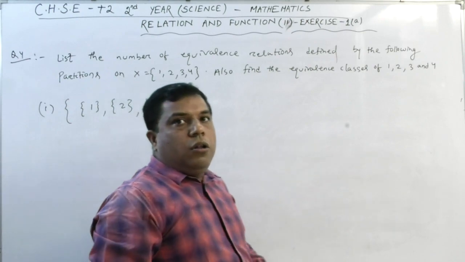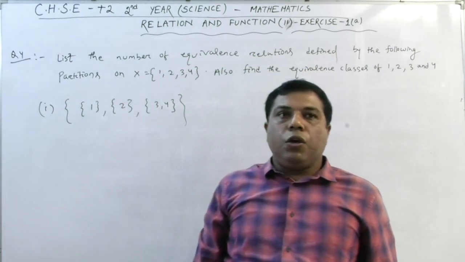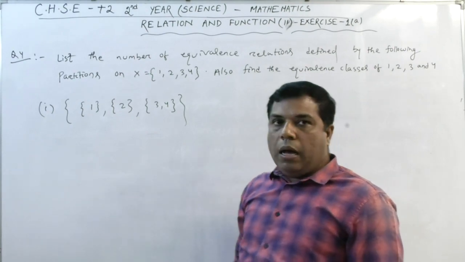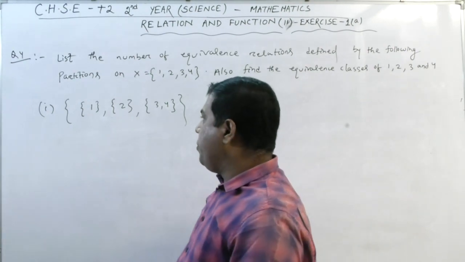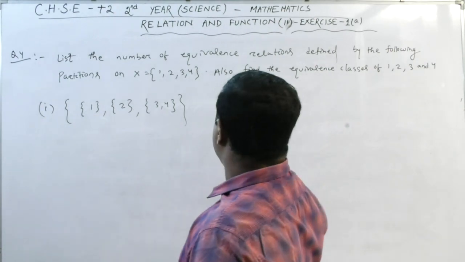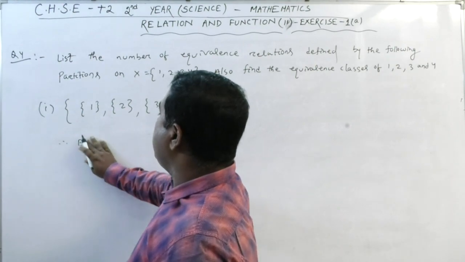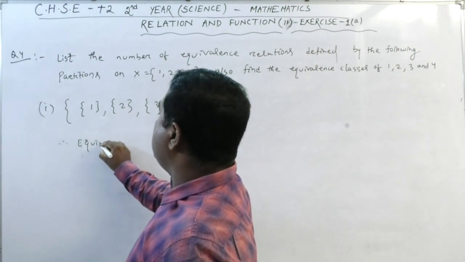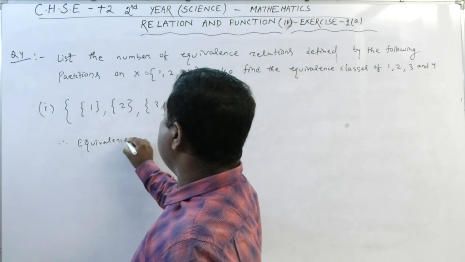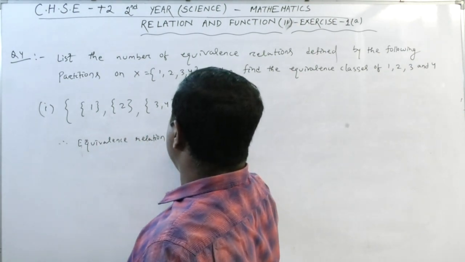So basing on those partitions, you know the partitions give rise to an equivalence relation. How? Just make a product of it. Okay, the partitions can form an equivalence relation. Therefore the equivalence relation is, what you do?